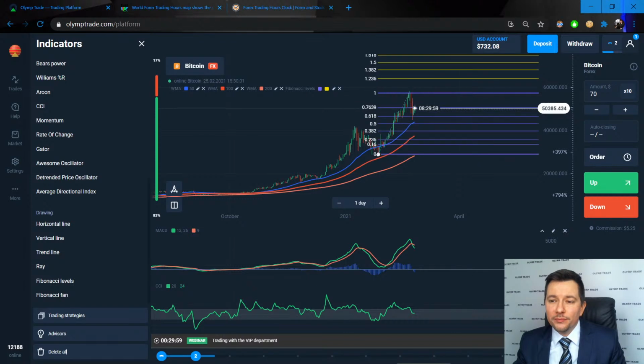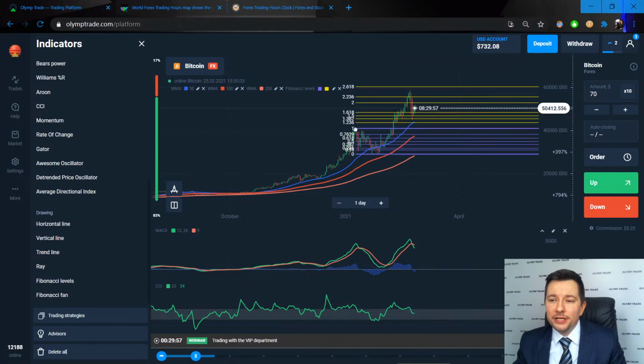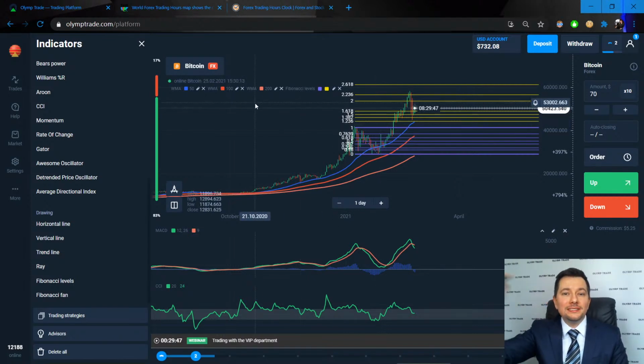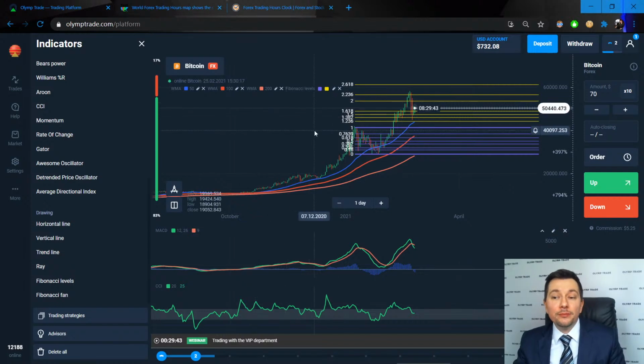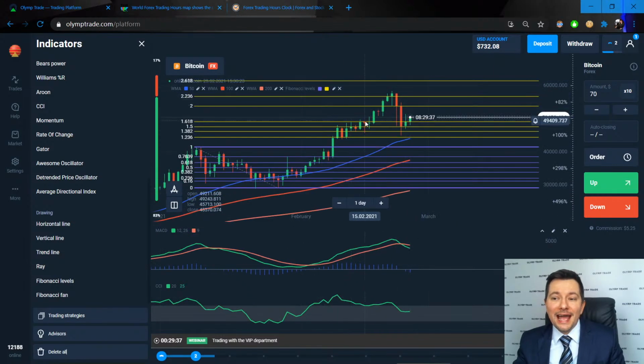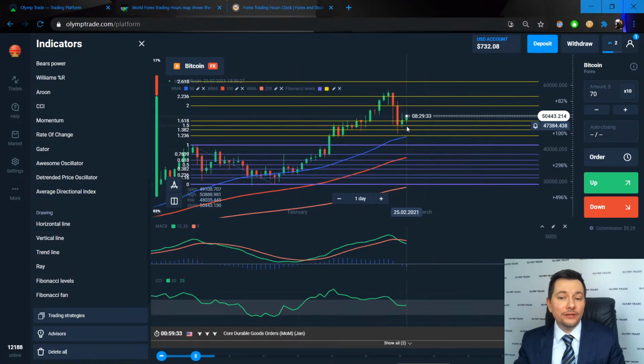So what if we put it from the bottom to measure the top of the impulse that it was at? When we measure it this way, the yellow lines give us the possible take profit up ahead. Remember I told you that 38.2 was the main level? Well, guess what? The main level acts as a level of support and resistance right down here.